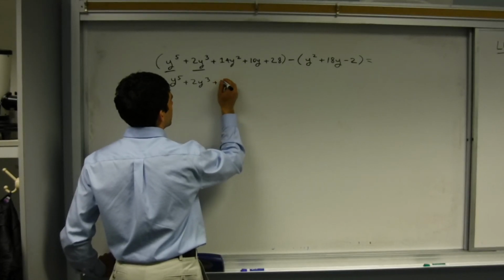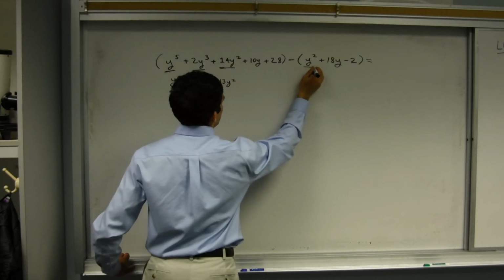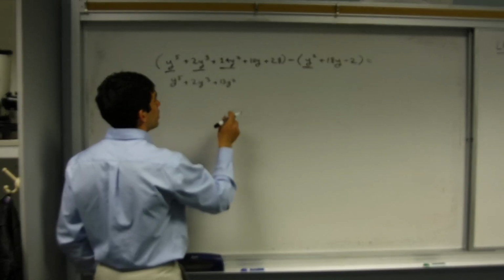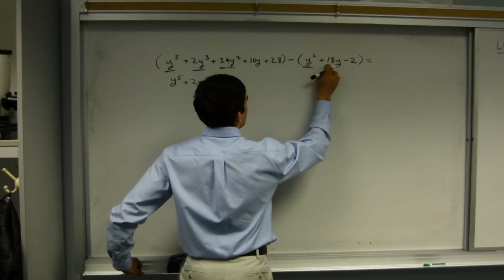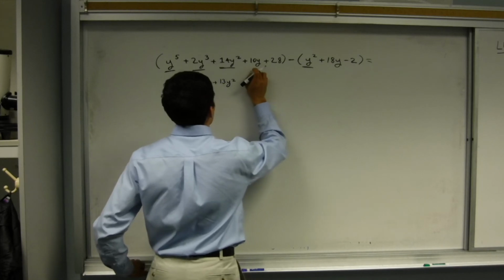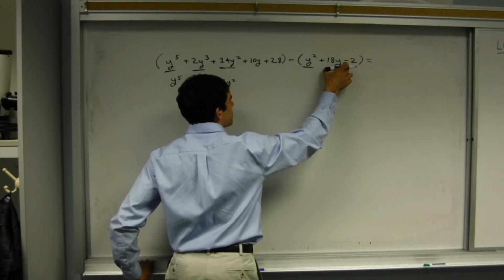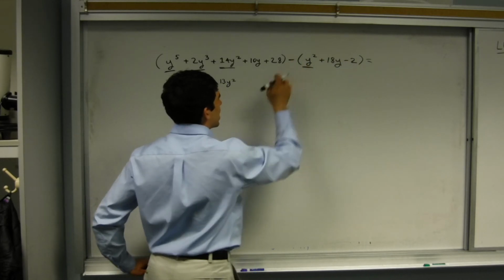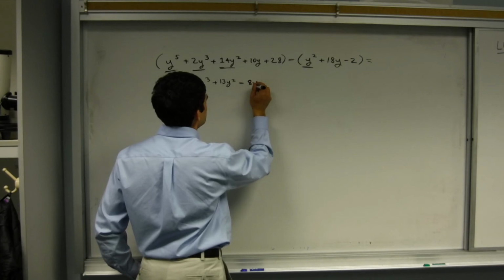So that is going to be a plus 13y squared. So again, I'll underline each of those terms. Then we have 10y minus a positive 18y. So that means we're taking 10y and subtracting 18y from it, because we have this negative sign here. So that's going to be negative 8y.